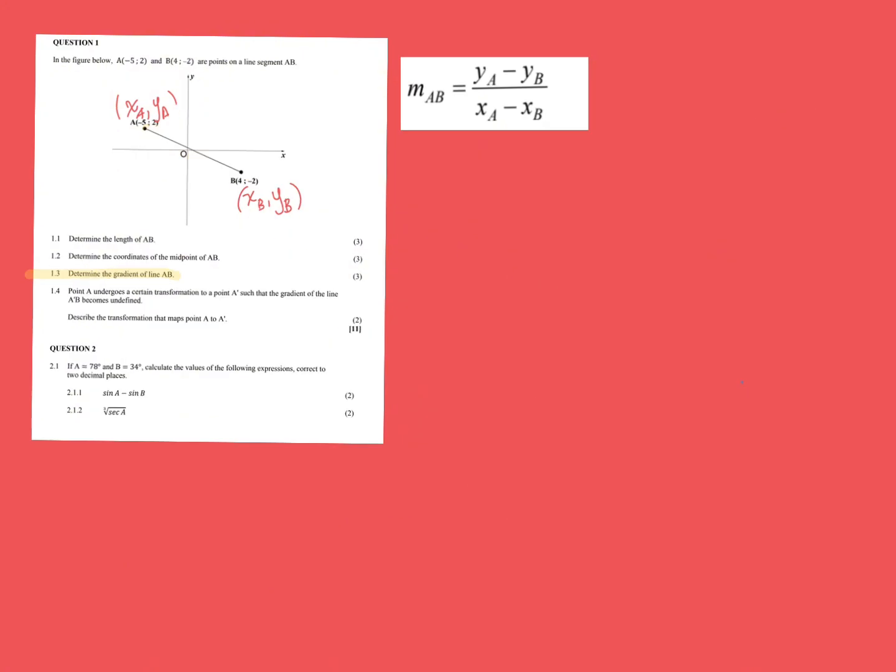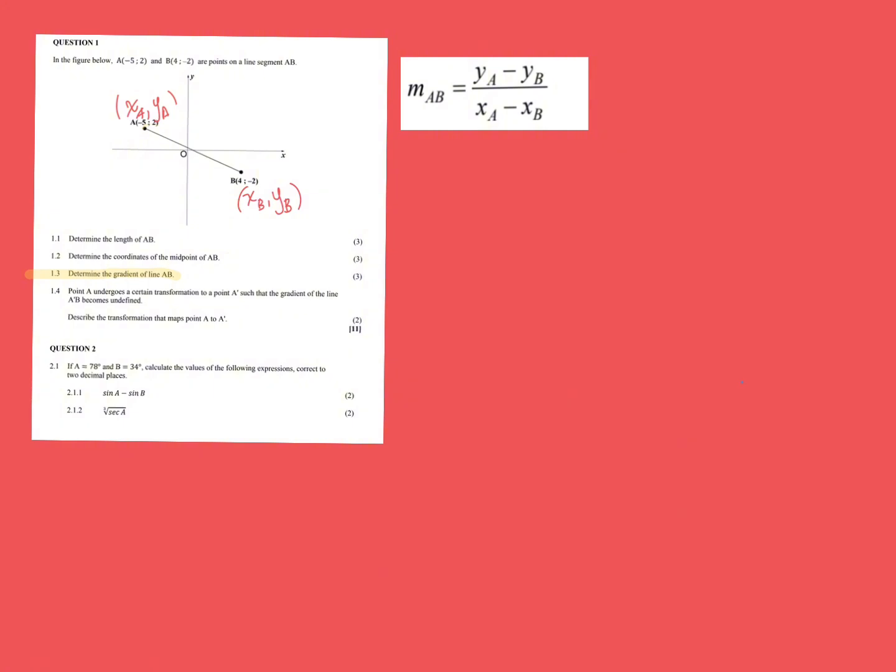So for 1.3, we're asked to determine the gradient of the line AB. Again, you need to know the formula for finding the gradient. And this is the formula there. We have ya minus yb over xa minus xb. Just remember, y is on top, x is underneath. Remember, gradient is rise over run.